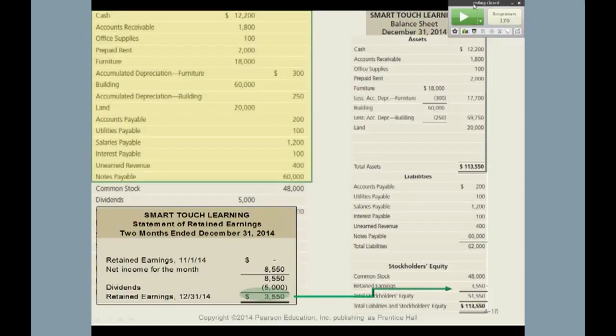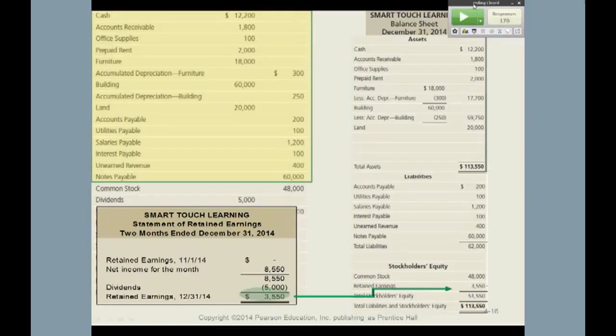So if we looked at the accounts separately, that's the way they would appear in the ledger. You have furniture of $18,000. That's the cost.